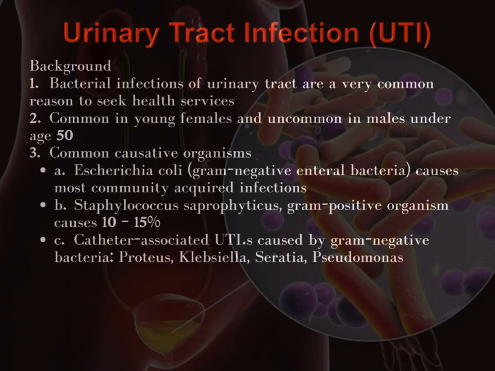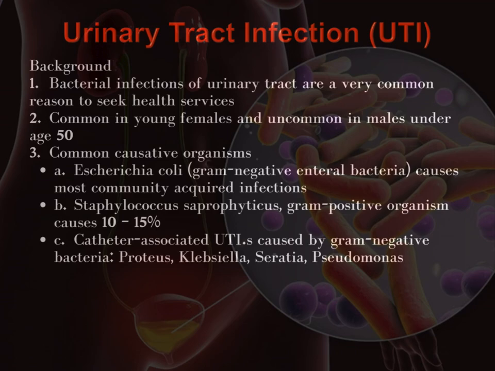So, we are discussing urinary tract infection. Coming to the background, urinary tract infection is a very common reason to seek health services. It is common in young females and uncommon in males under the age of 50.